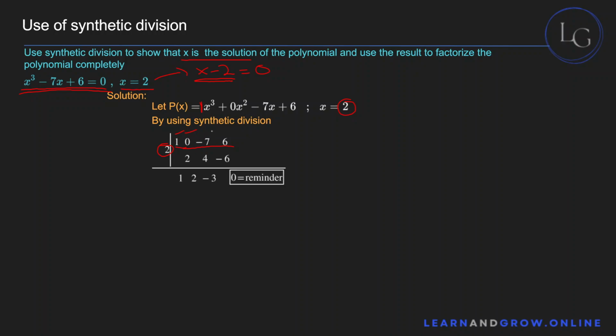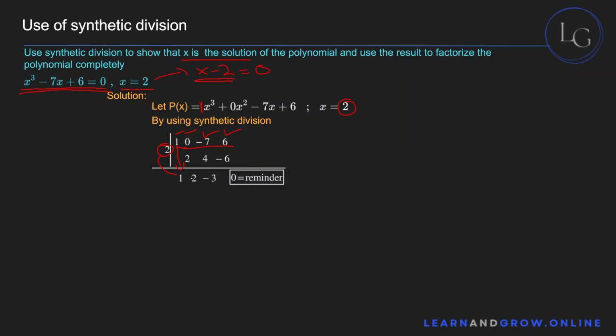The coefficient of x is minus 7, and the last constant is 6. So what you'll do is you'll write down this 1 as it is down over here. Now you'll multiply this 2 with this 1, and then you'll put the result down under the next number, which is 0. So you'll write down 2 under 0, and now you'll add this 0 and 2.